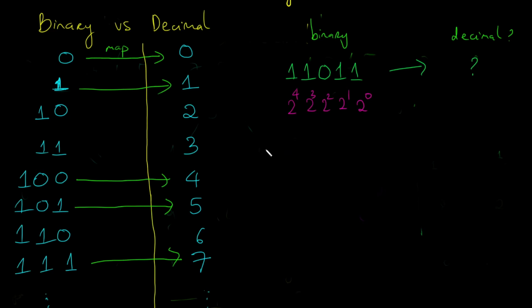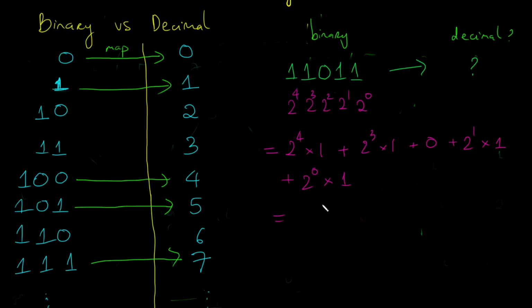So now you have 2 power 4 times 1, and here you have 2 power 3 times 1, and here you have 2 power 2 times 0, which is 0. 2 power 1 times 1, and lastly 2 power 0 times 1.